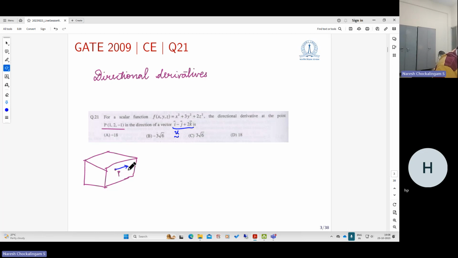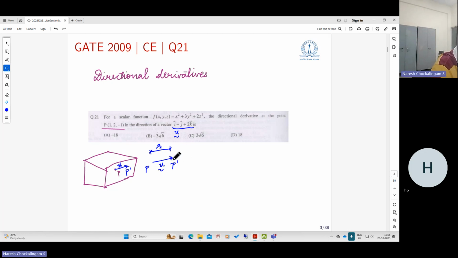You move from the point P to another point, say P dash, along the direction u, and you would have traversed some distance, say S.